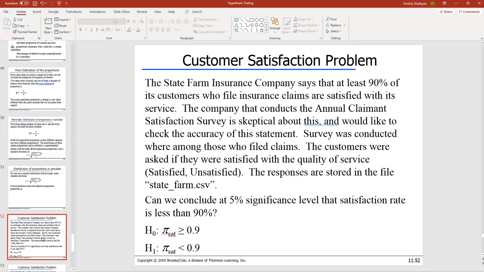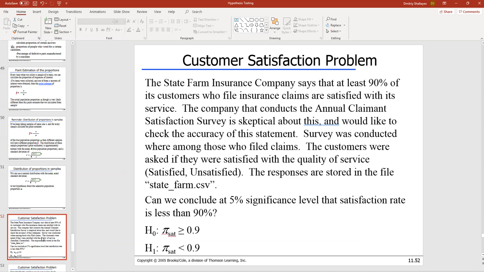Before we begin with this problem, let me point out that we discussed that for hypothesis testing for the mean, we have three different forms of hypothesis, right? Null can be greater than or equal to, alternative less than a number. Another form is null less than or equal to, alternative greater than a number.